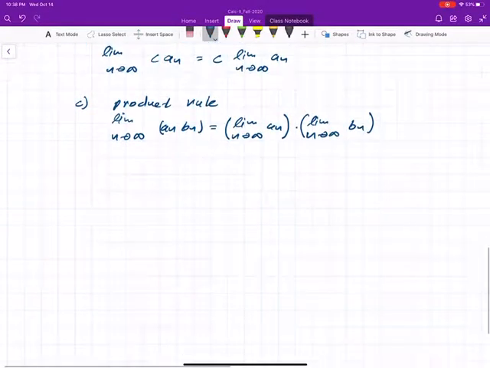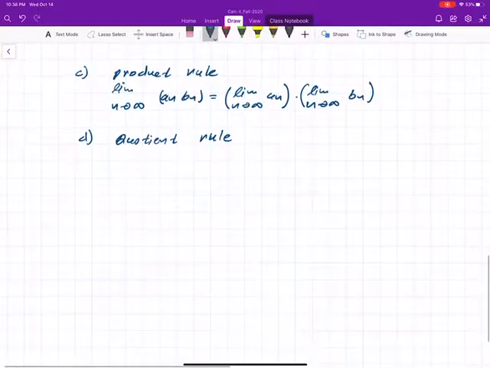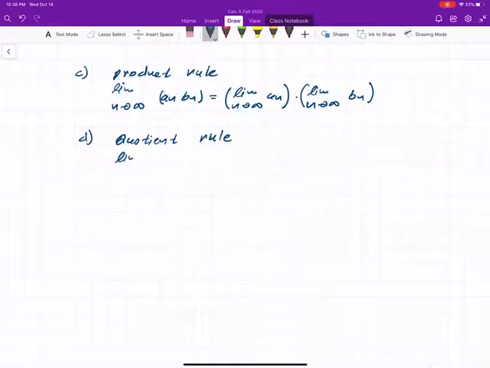All right, so D, the last rule, quotient rule. The quotient rule is also similar to the above rules. Let's say limit n goes to infinity of an divided by bn. Now you get the limit of an separately and then divide that by the limit of bn.